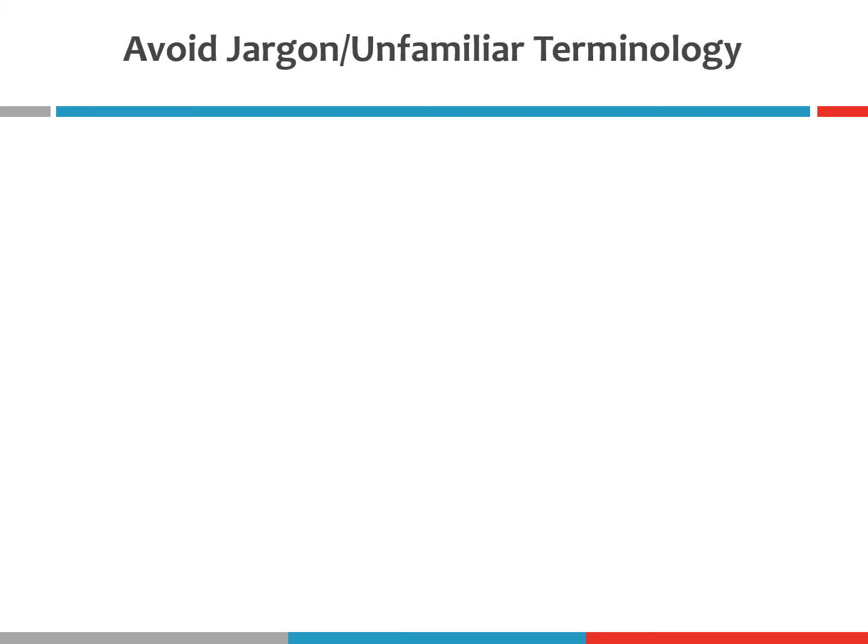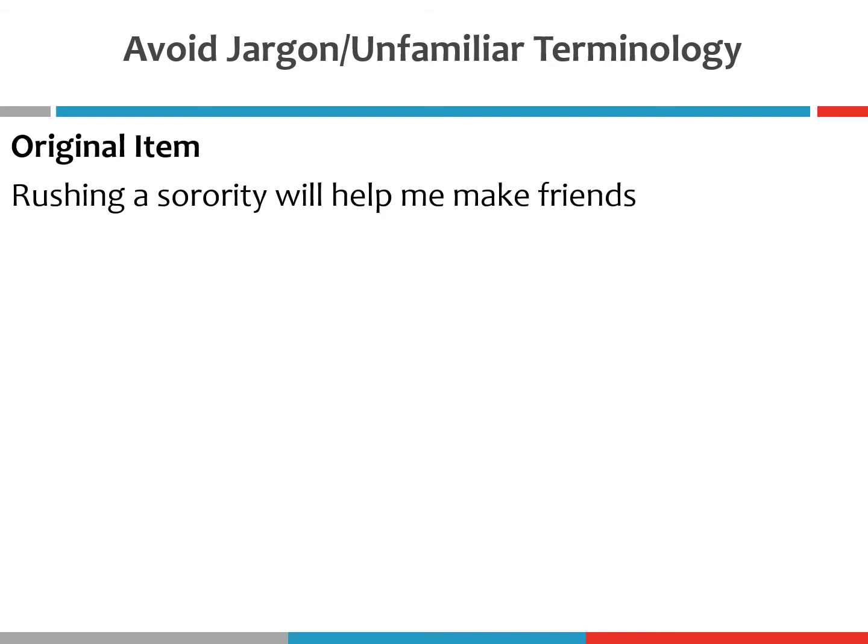This is true of scientific writing, and really any time that you write something: you want to avoid jargon or terminology that might be unfamiliar to your respondents or your audience. For example: rushing a sorority will help me make friends.